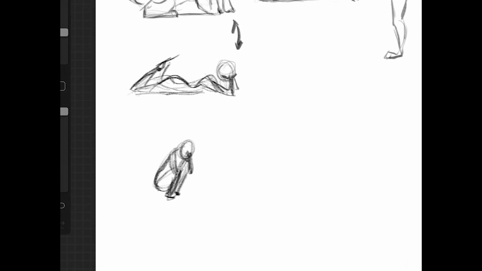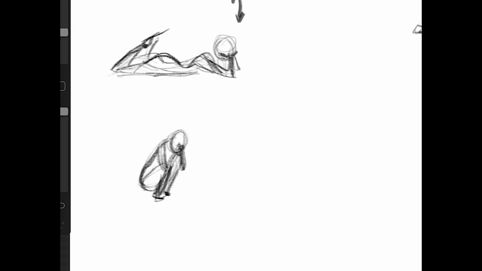So let's go with that and let's make it a little more difficult and let's maybe draw a bird. And birds are always a little bit difficult to draw because they have wings, and like how do you convey that?